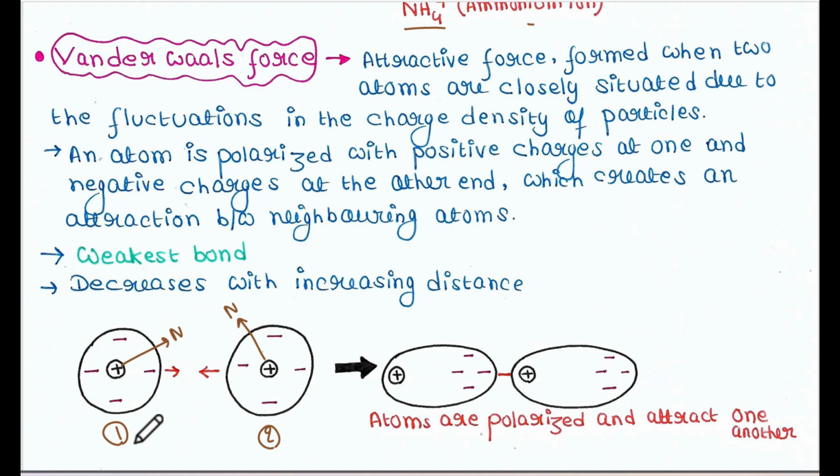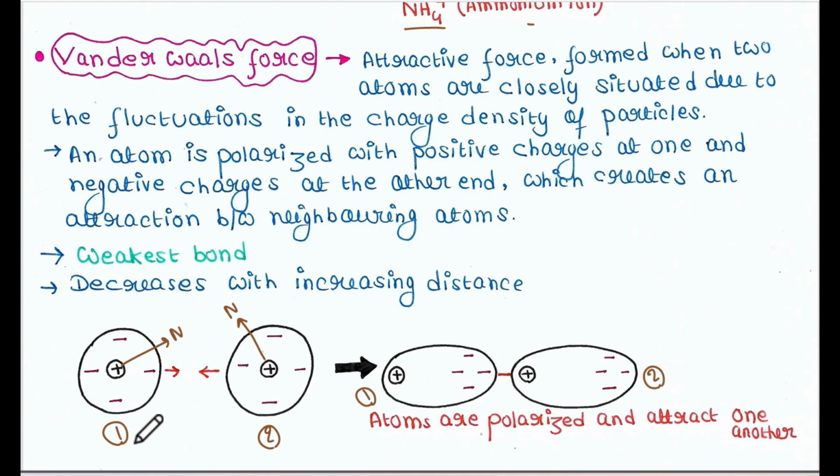So what happens? The positively charged nucleus in the atom 1 is shifted towards the left, and the negatively charged electrons are accumulated over here in the right, so that there is the attraction with this atom 2.